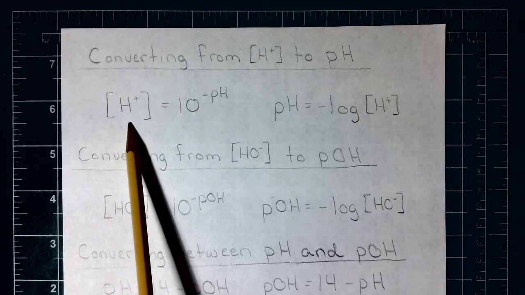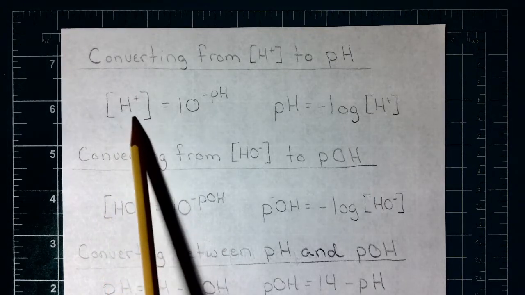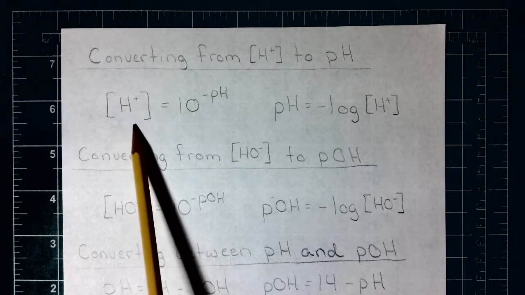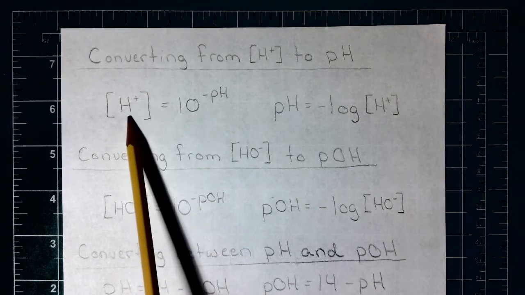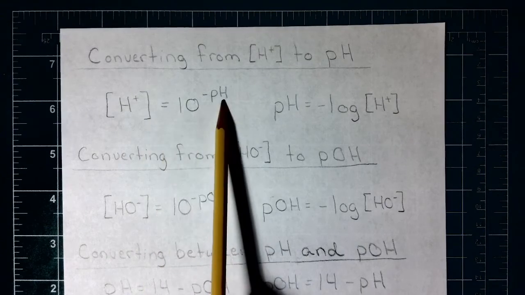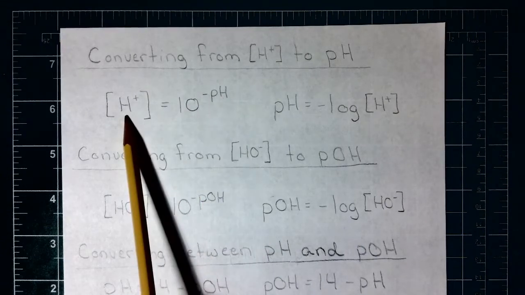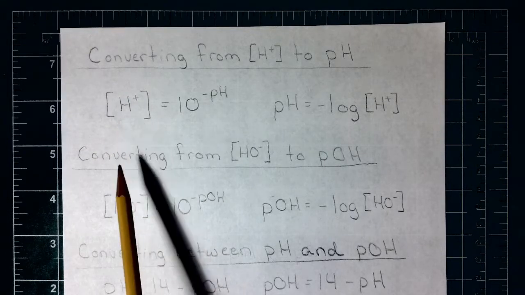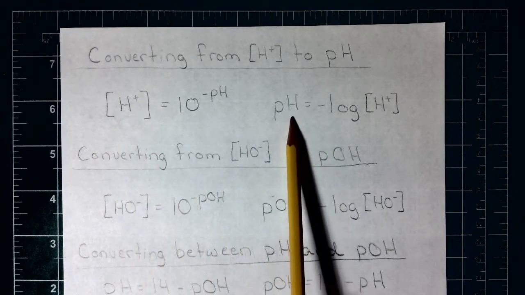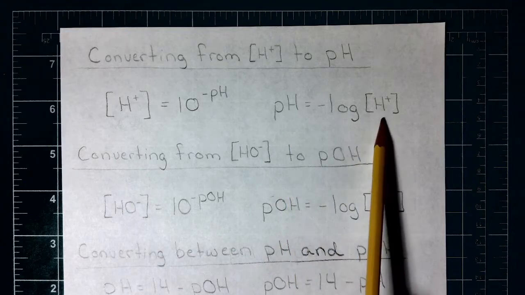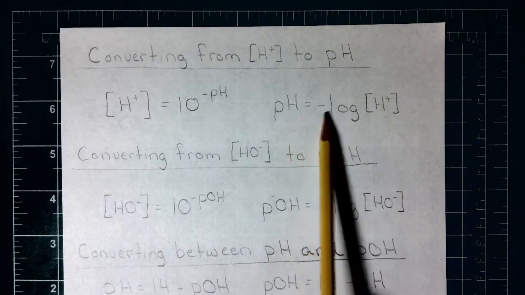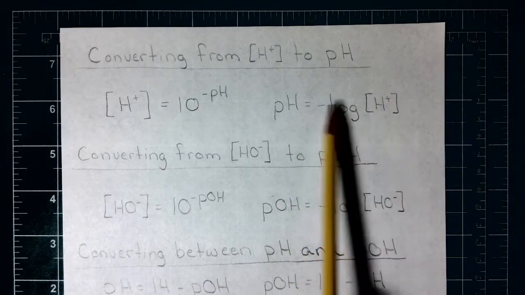First, converting from pH to the concentration of protons, we're going to do 10 to the negative pH, which is going to give us the concentration of protons. If we want pH, but we have the concentration of protons, we'll take the negative log of that value, and we get our pH.